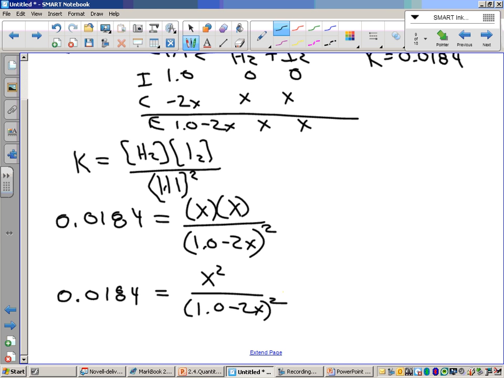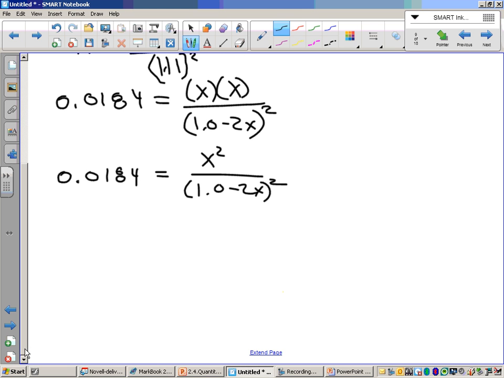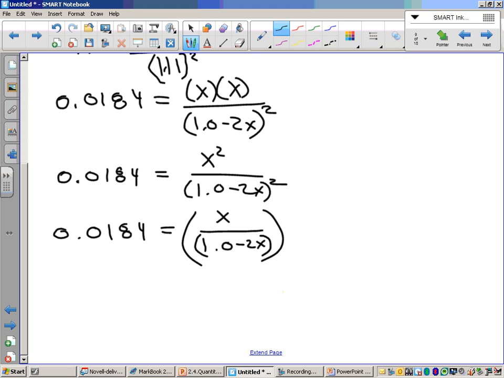I can take a square root. Got to be careful. It's got to be all on its own. Maybe we should rewrite it. 0.0184 equals x over 1.0 minus 2x. Both of them are squared. That's all squared. There's our perfect square. Right there. Okay?